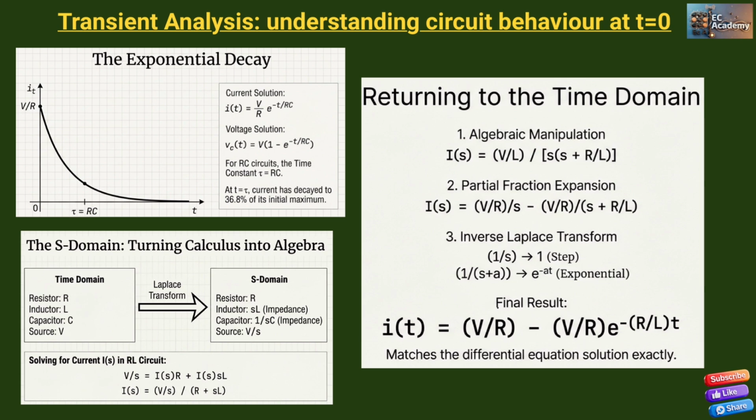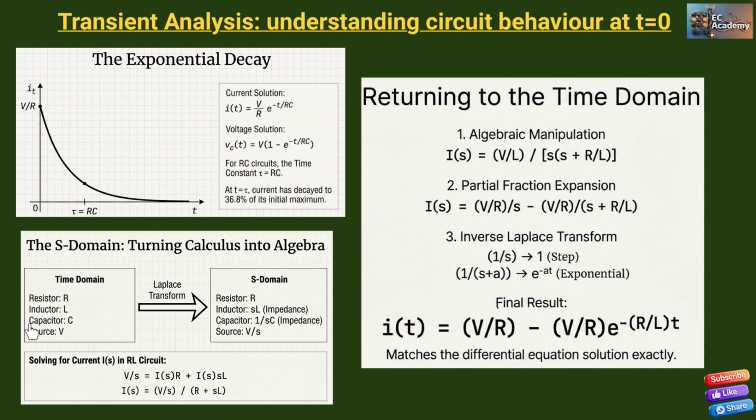Now let us understand the S domain, which is very important in transient analysis. For simple circuits, we'll use the differential equations, but for complex networks, we use the S domain, which turns the calculus into algebra.